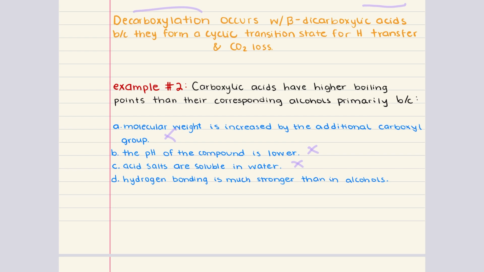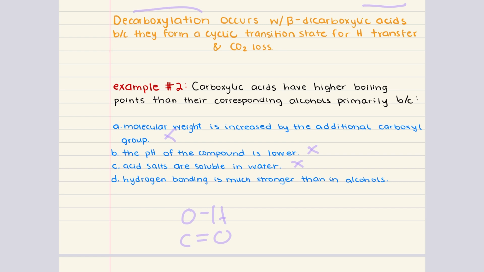This is the correct answer. Carboxylic acids can form stronger and more extensive hydrogen bonds because the carboxyl group contains both a highly polar oxygen-hydrogen bond and a polar carbon-oxygen double bond. In fact, 2 carboxylic acid molecules can form a stable cyclic dimer where each molecule is hydrogen bonded to the other at 2 points.